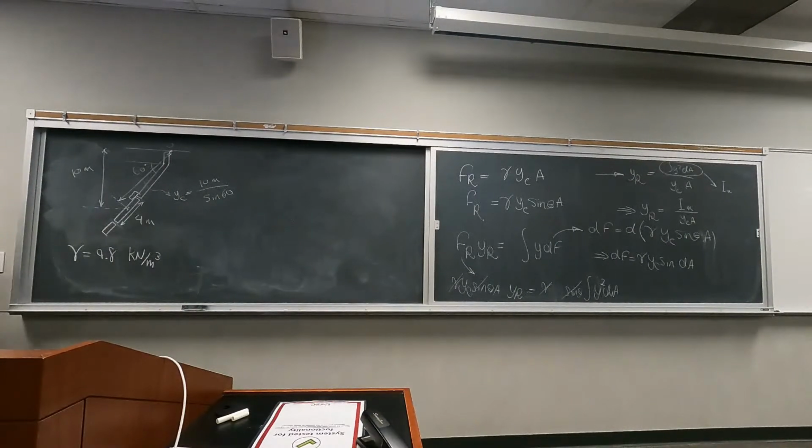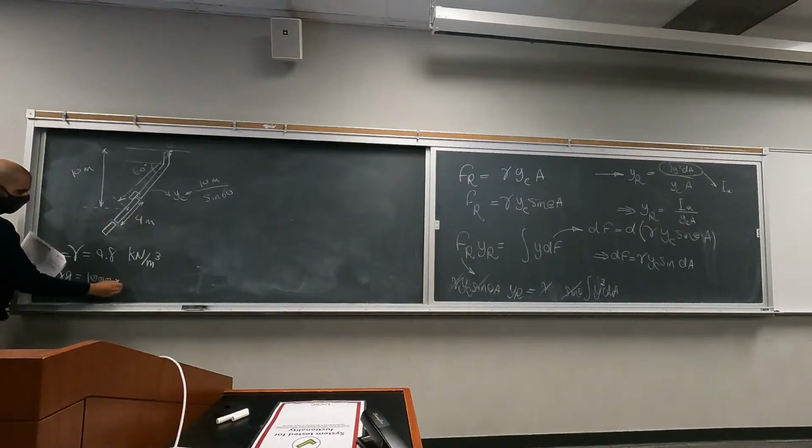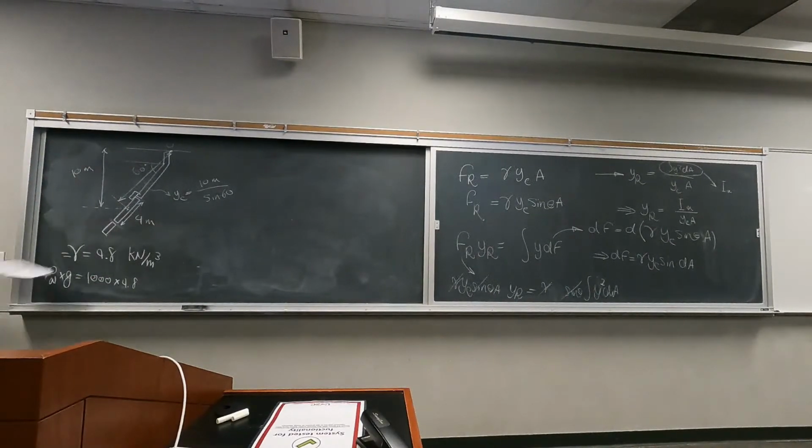You always have to keep in mind this gamma is rho of water multiplied by the gravitational acceleration. Usually we assume rho of water is 1,000 and it is multiplied by 9.8, the gravitational acceleration. So 9.8 kilonewtons per cubic meter.